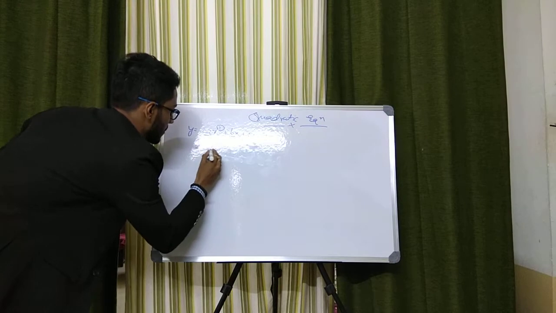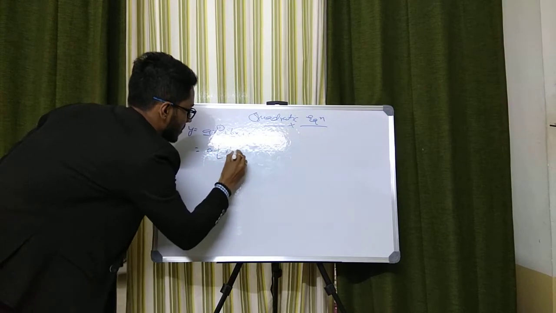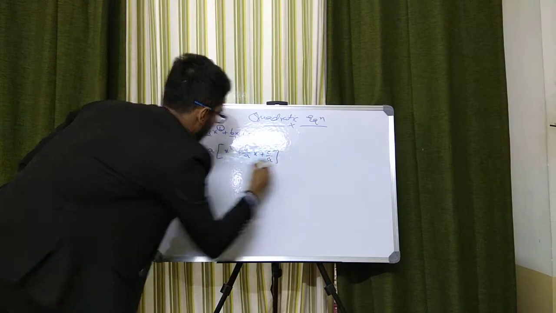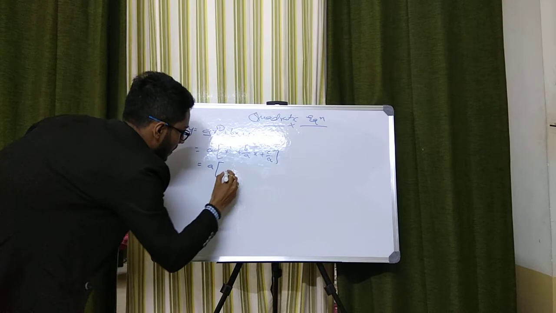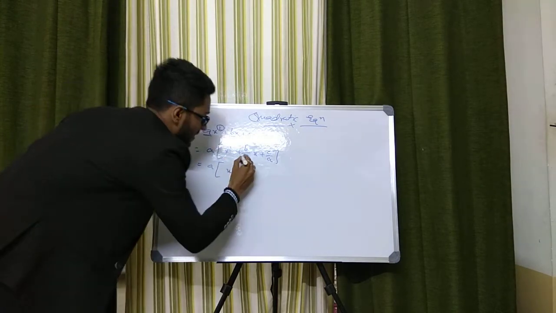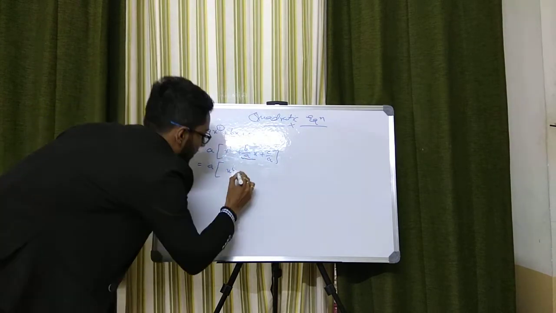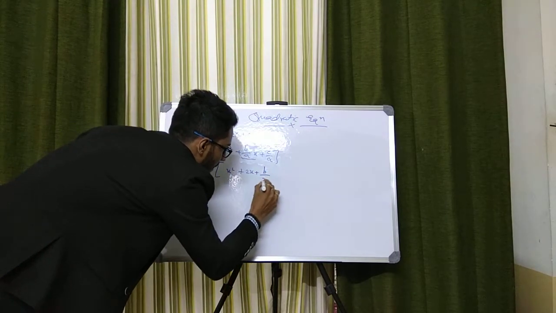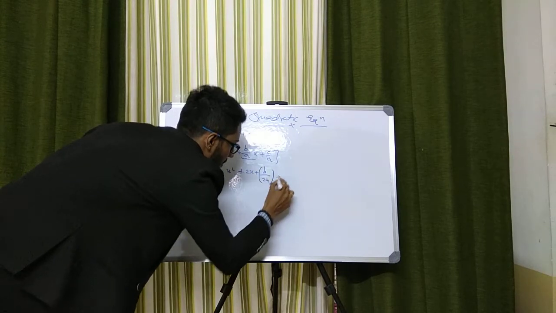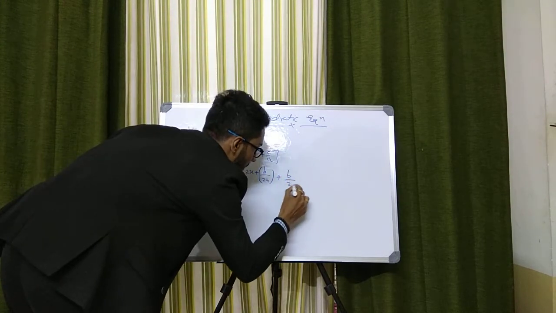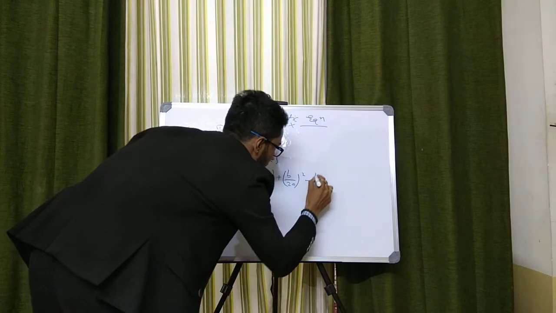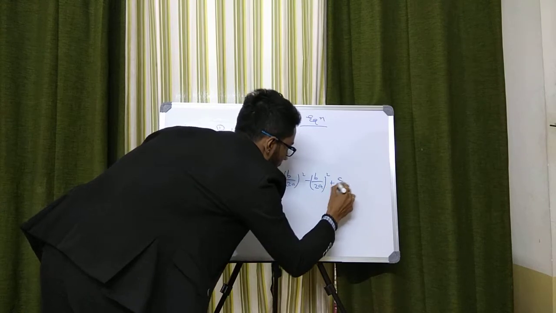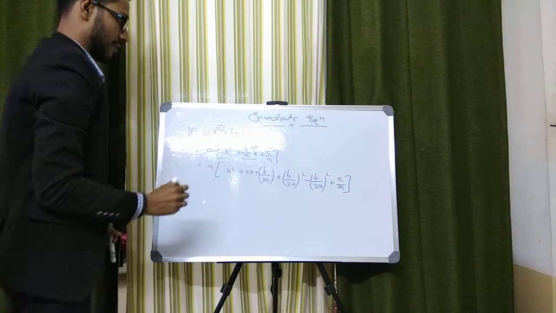So take a common. If I have taken a common, then a times x square plus b by a x plus c by a. Whenever we try to make this in terms of a complete square, I'll take plus 2x, and if I am taking 2x, I'll take b by 2a. Whatever you have taken, you square it and subtract it, the same. Why am I doing this, you will come to know.